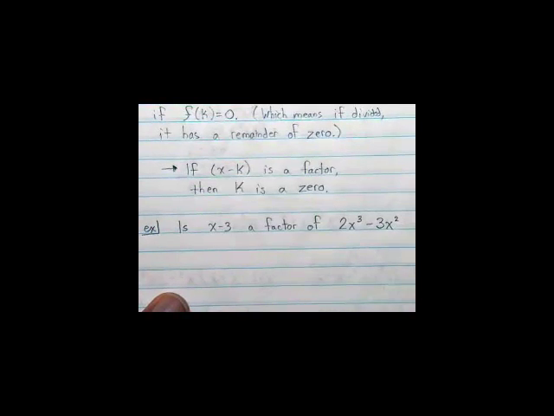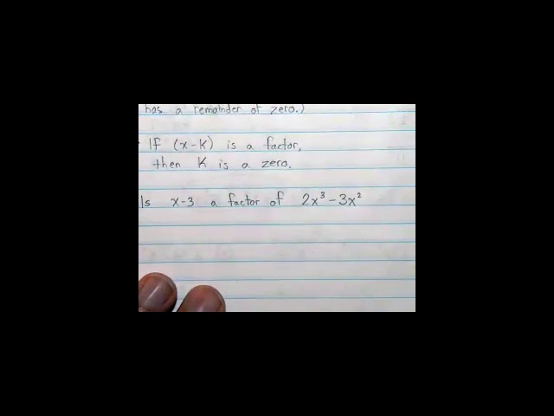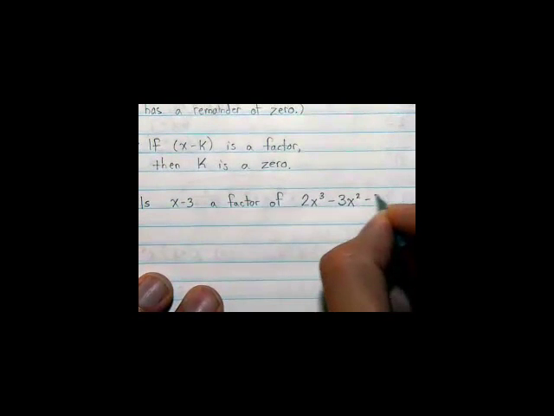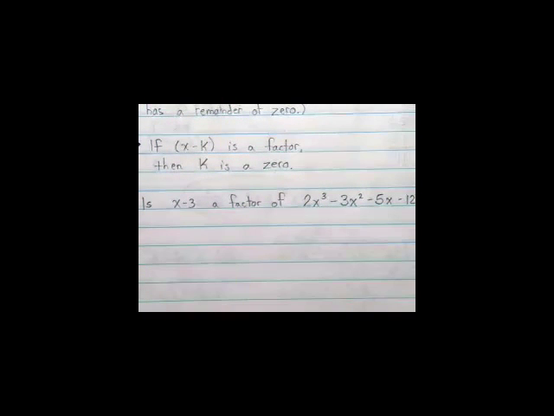So is x minus 3 a factor of 2x to the third minus 3x squared minus 5x minus 12? So what am I ultimately going to do to check that then?